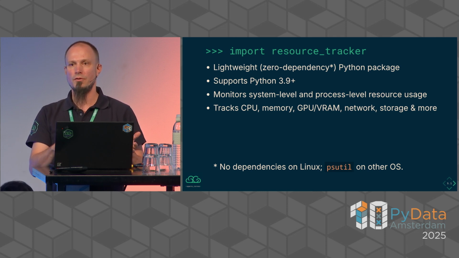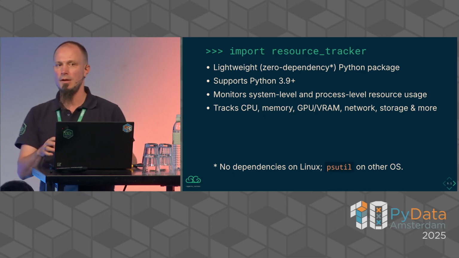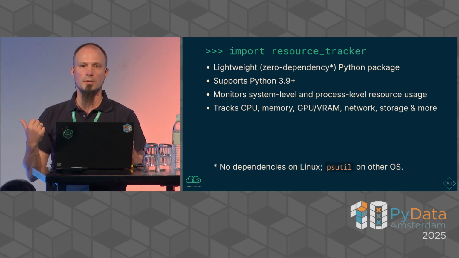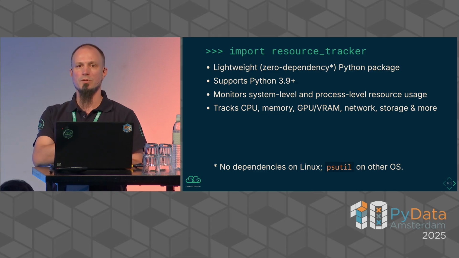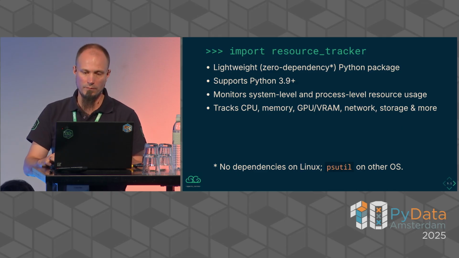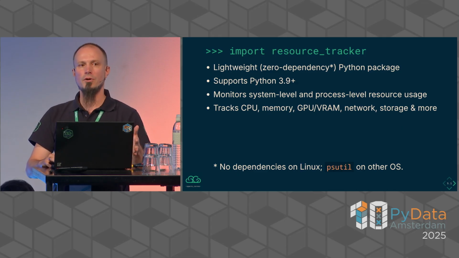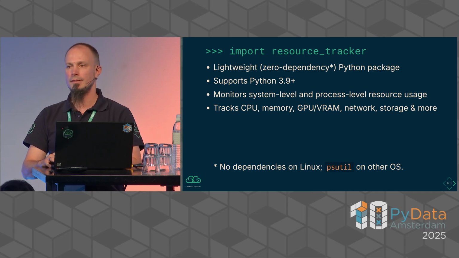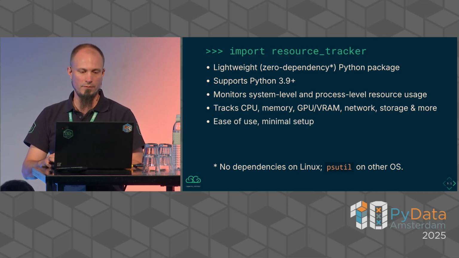So if you have a server with multiple GPUs running multiple processes, then it can automatically log which process was using which GPU and how much VRAM was reserved. Network usage, so bytes in and out, disk I/O, storage, and quite a few other things.